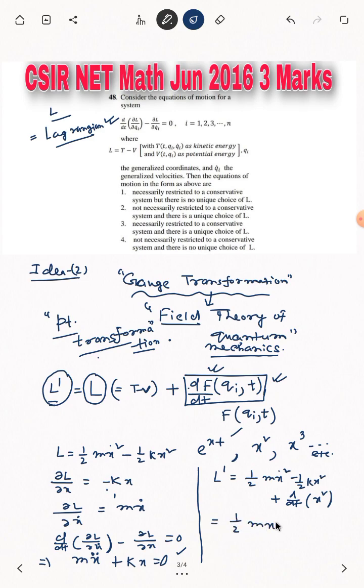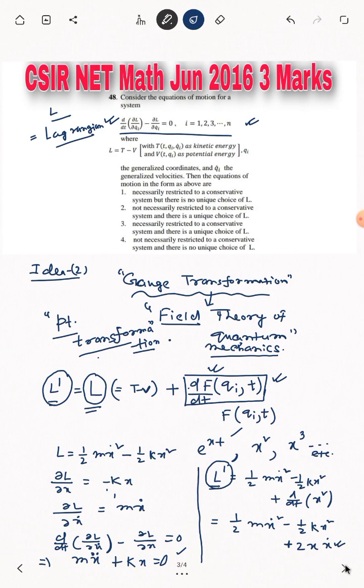Half into m into x dot square minus half k x square, and obviously this quantity will be plus 2x x dot, because for x square we have 2x, and then the derivative of x with respect to time will be x dot. This is our L dash. Now we want to see whether this L dash satisfies the Lagrange equation or not. If it satisfies this equation, then L dash will again be a Lagrangian, which is different from L.